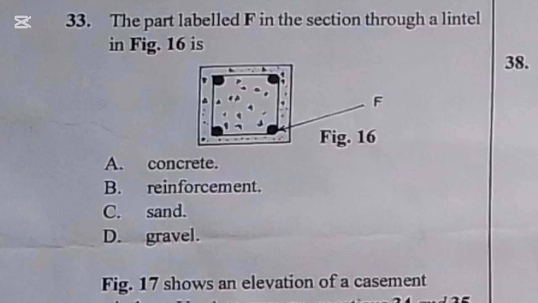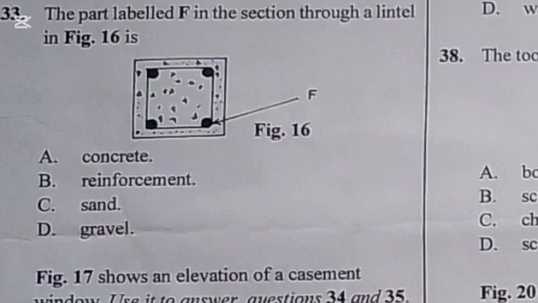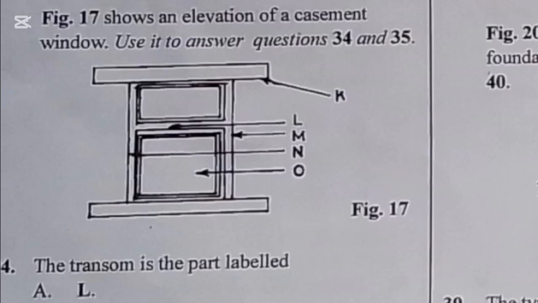Now, question 33. The part labelled F in the section through a lintel in figure 16 is A, concrete, B, reinforcement. The correct answer is B, reinforcement. Now, figure 17 shows an elevation of a casement window.